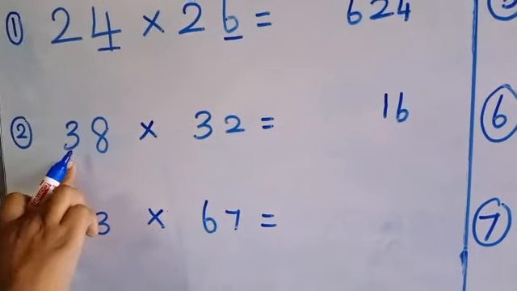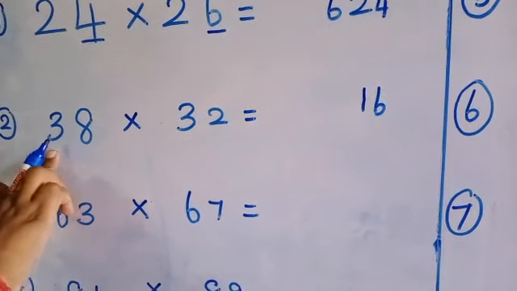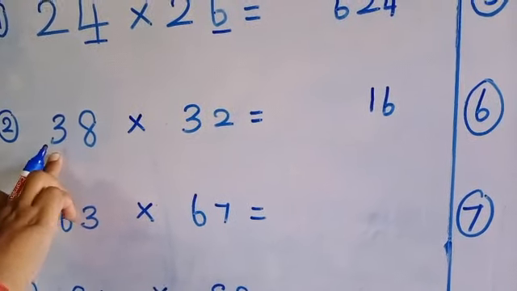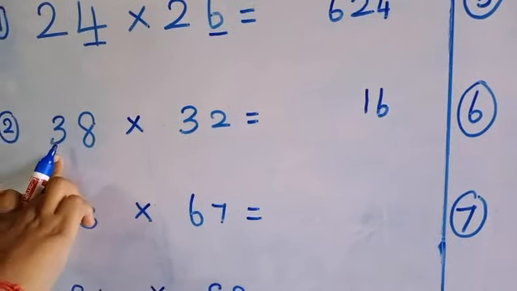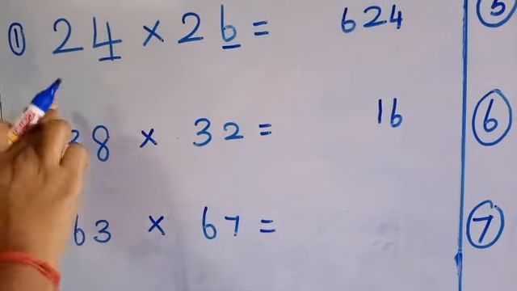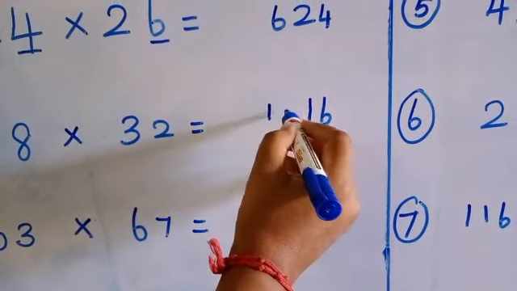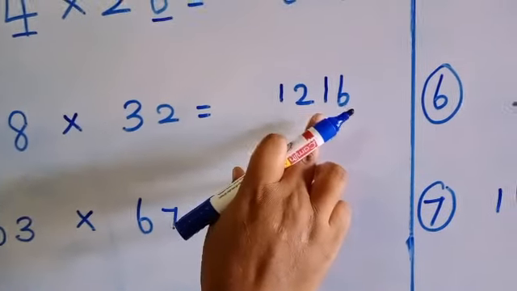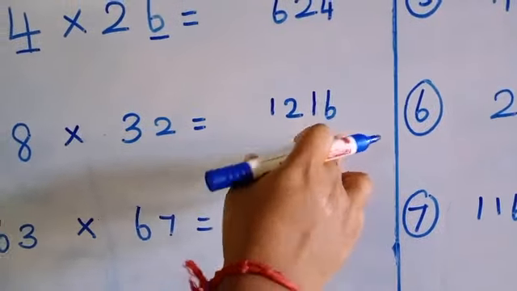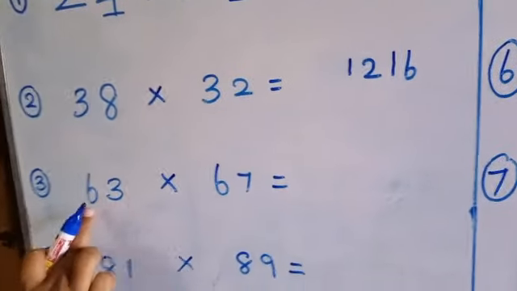Next, here 3 multiplied with the next number, which is 4. So 3 fours are 12. The answer is 1216.